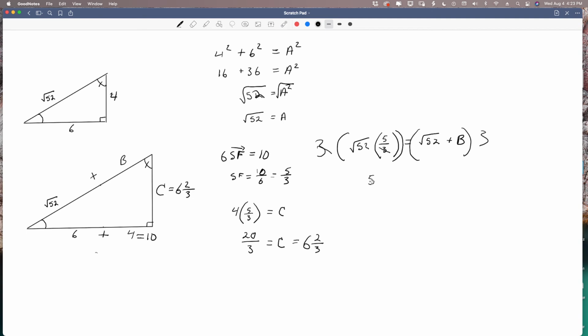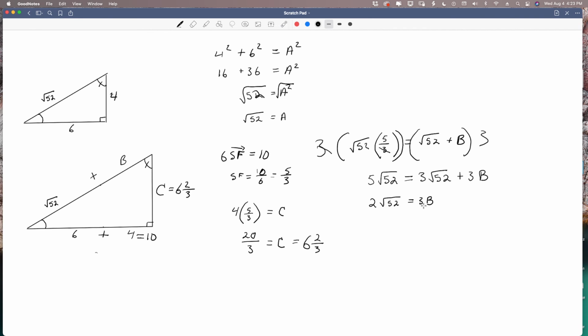So we have 5 times the square root of 52 left, right? Equals 3 times the square root of 52 plus 3 times B. Okay, if we bring this over here, we're going to get -3 times the square root of 52. So we're going to have a remainder of 2 times the square root of 52 equals 3b.